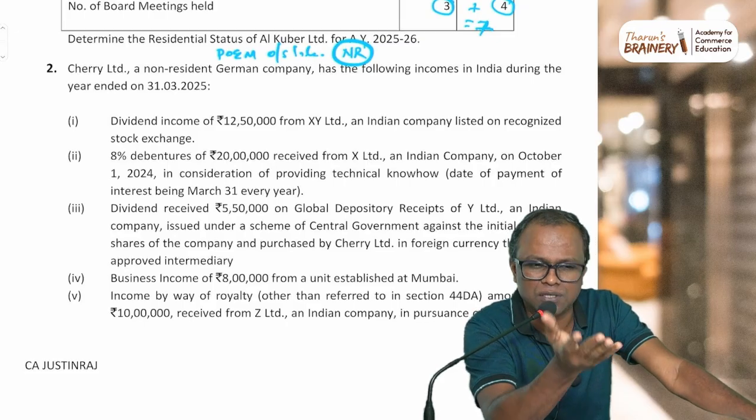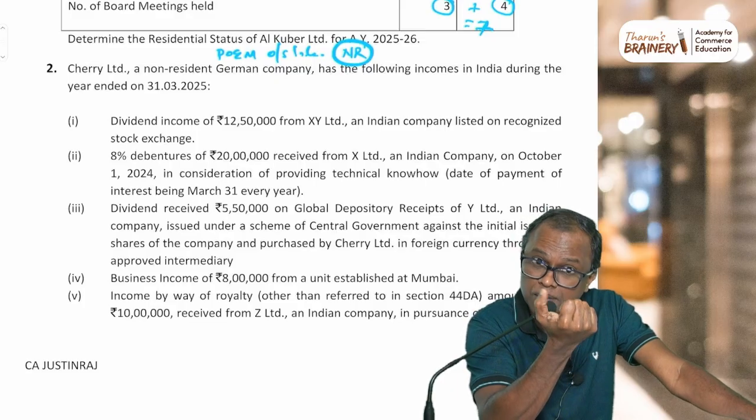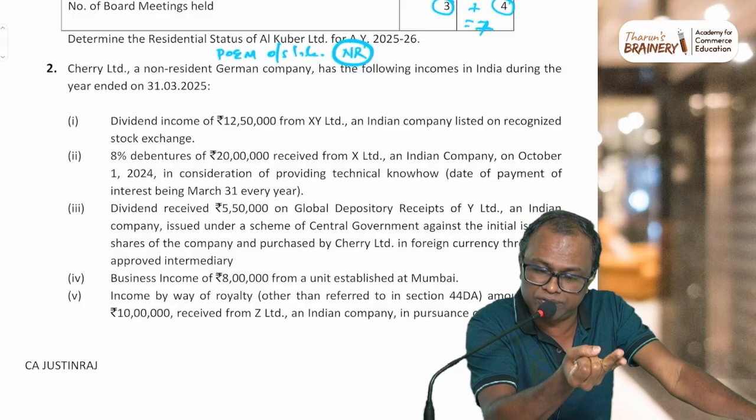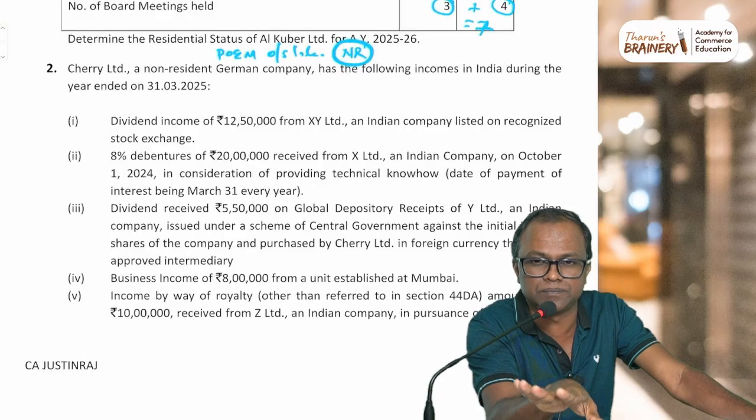So we should be careful. Salary computed, HP computed, PGBP computed, capital gain computed, IFOS computed, clubbing, set off, GTI, 80C to 80U, Chapter VI-A, total income.